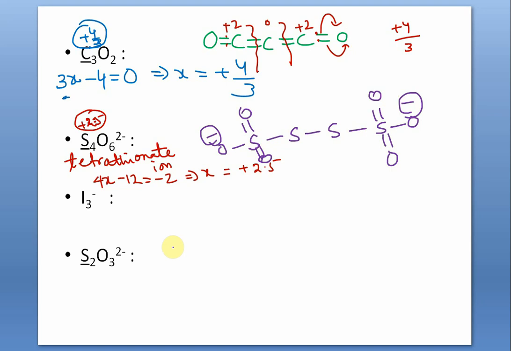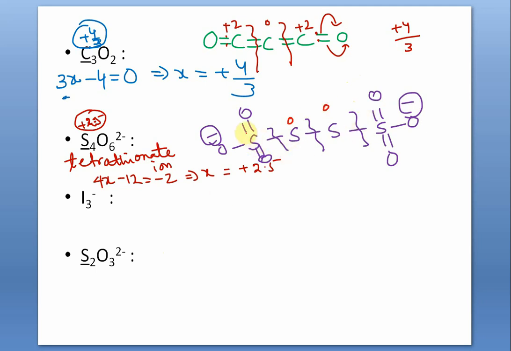Now, pause this video. Assign the oxidation numbers. So obviously, these 2 will have 0. The middle ones will have 0 oxidation state because of homolytic cleavage on both the sides.